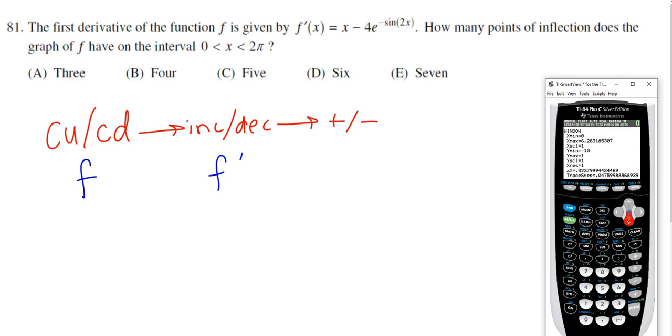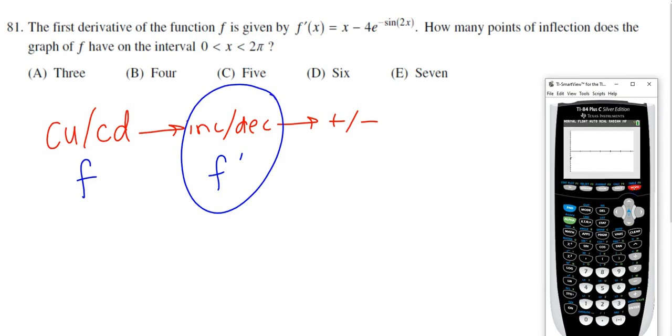And again, here we are going to need to see, okay, when do we change from increasing to decreasing? So why don't we start with negative 10 to 10 on the y's, and we can adjust if we need to. So let's graph. I see a change there.